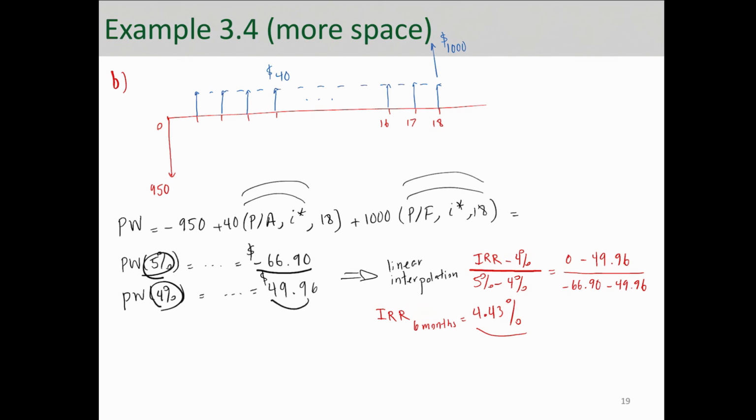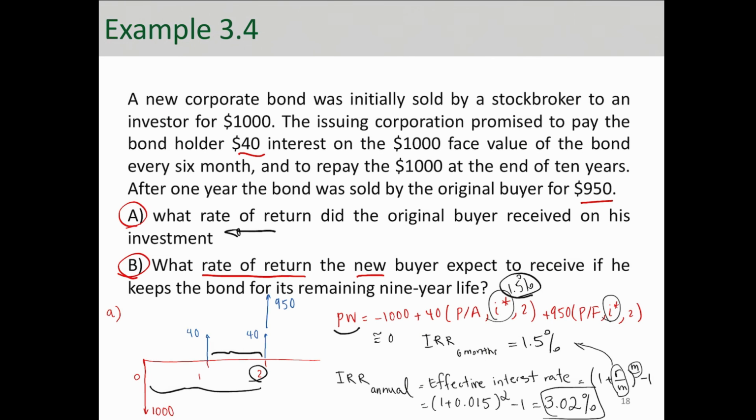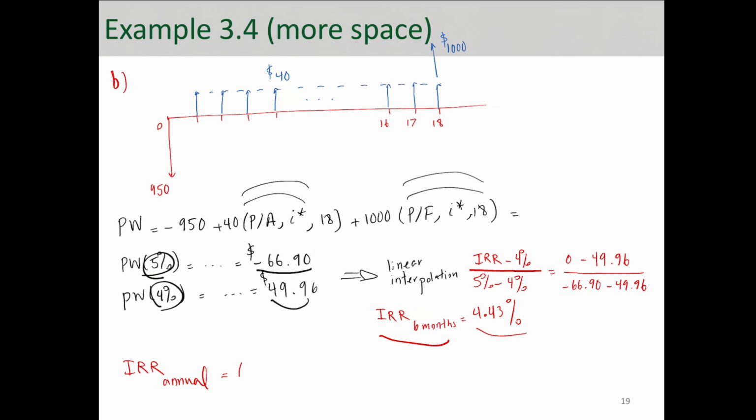Now, again, I need to convert this IRR to a yearly or annual IRR. So IRR annual is equal to, again, following the effective interest rate formula here, (1 + 0.0443)^2, and that 2 is the number of sub-periods per year.